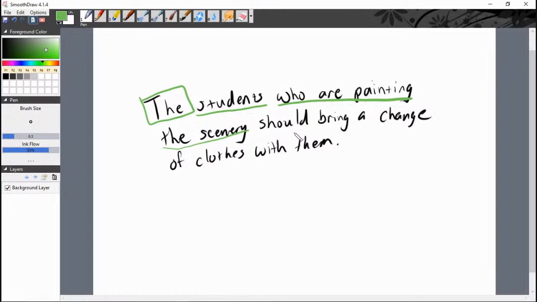So in the example, what we have is one independent clause and one dependent clause in this sentence, right?